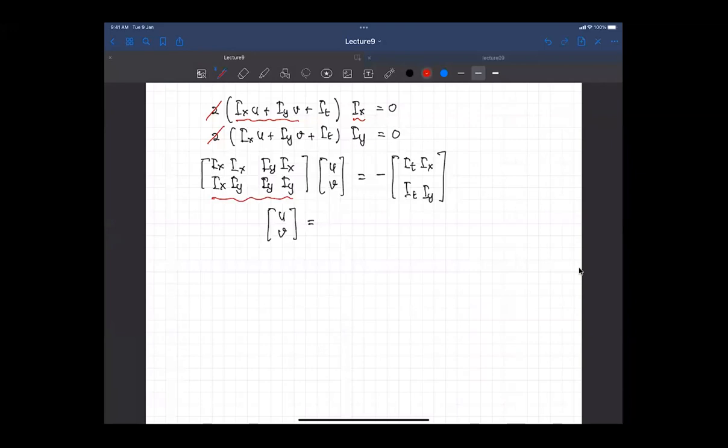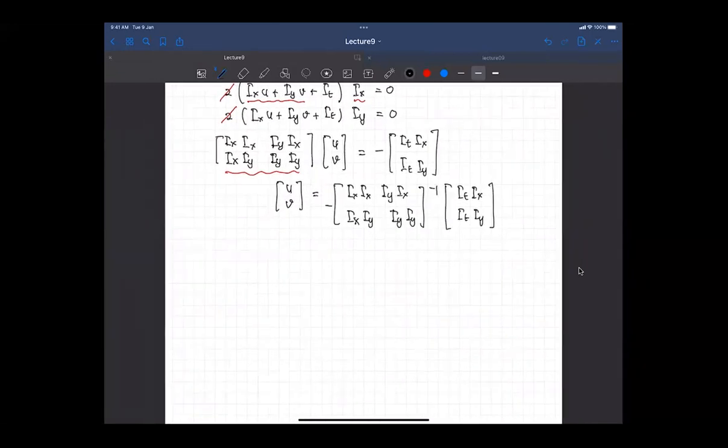So I invert that one: the matrix with IxIx, IxIy, IxIy, IyIy, inverted, multiplied by minus ItIx, ItIy. Done, right? We have the solution for the optical flow for every pixel. Any questions here? This is the end of the story.